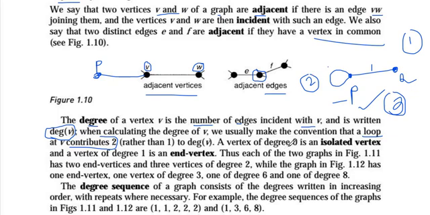Any vertex of degree 0 is an isolated vertex. Only a vertex, no edges joining it, so its degree is 0. And a vertex of degree 1 is called an end vertex. Here Q is our end vertex, because its degree is 1.